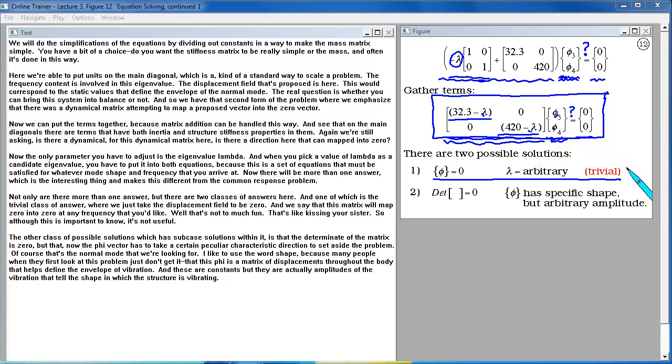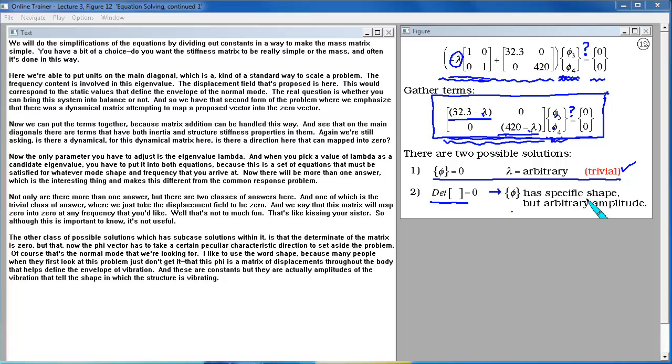So, although this is important to know, it's not useful. The other class of possible solutions, which has subcase solutions within it, is that the determinant of the matrix is 0, but that now the phi vector has to take a certain peculiar characteristic direction to satisfy the problem. And of course, that's the normal mode that we're looking for.